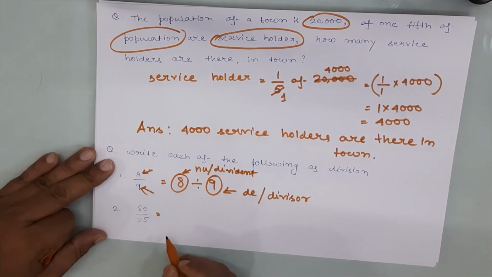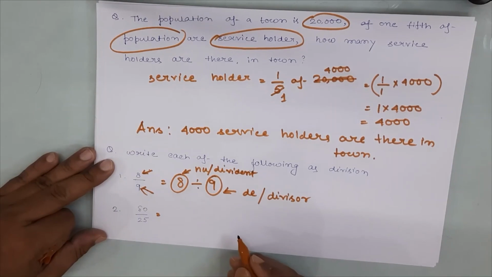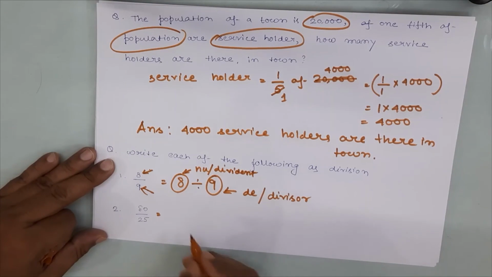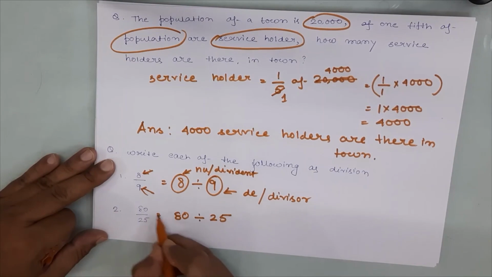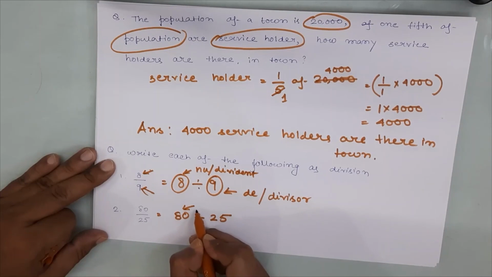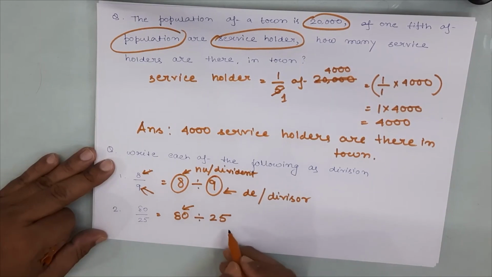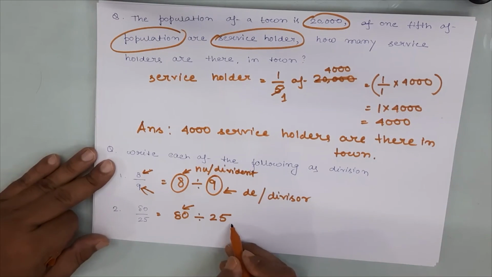It is an improper fraction because the numerator is bigger than the denominator, but the way it will be represented as division will be 80 by 25. So 80 will be your numerator slash dividend, 25 will be your denominator slash divisor.